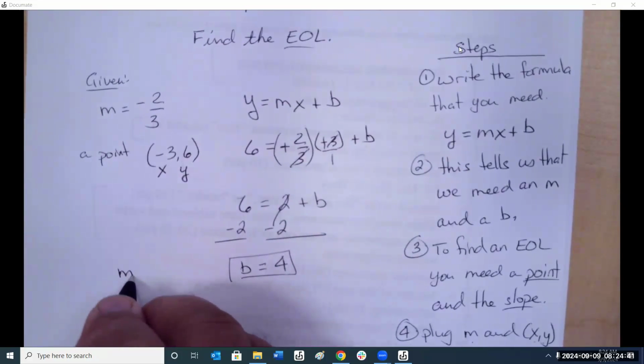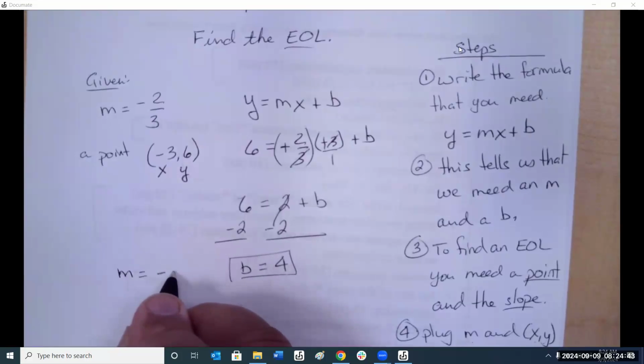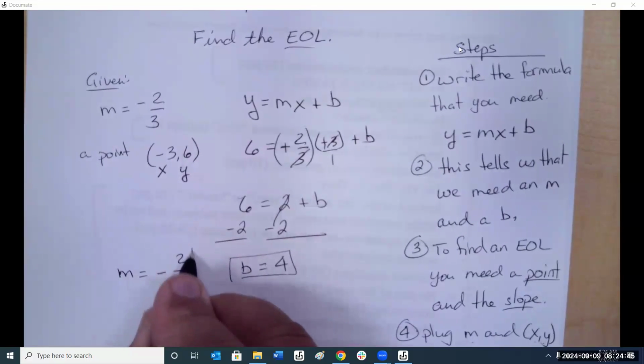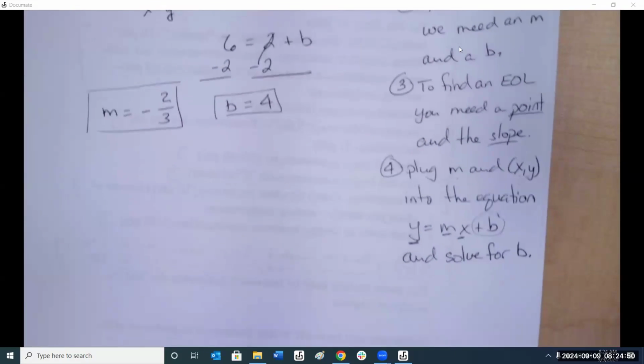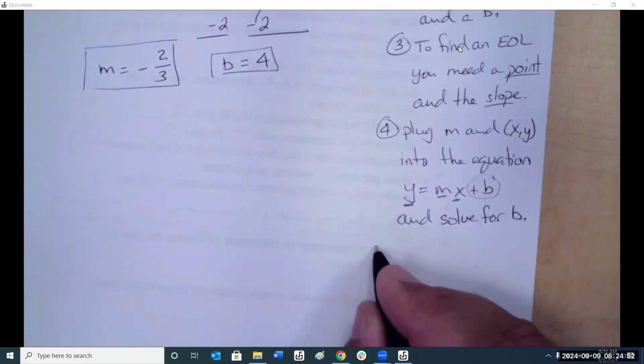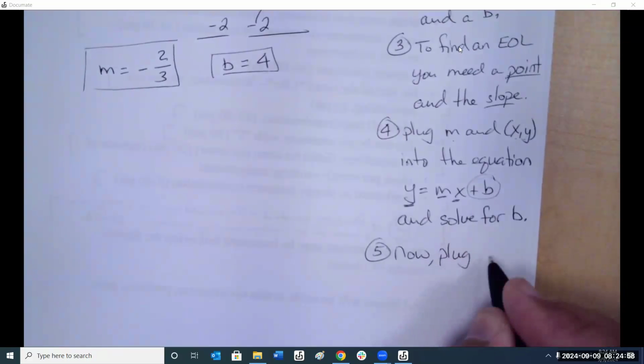And we know that m is equal to -2/3. Now, plug m and b into your equation, and you're done.